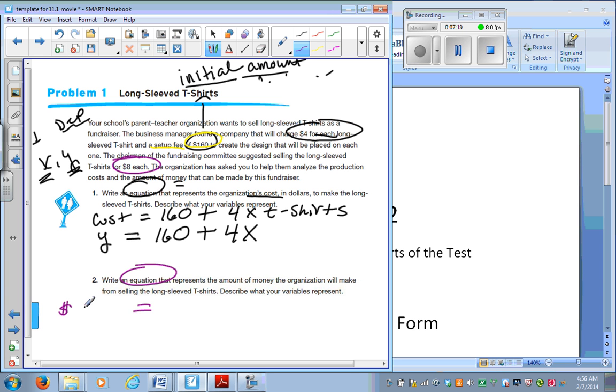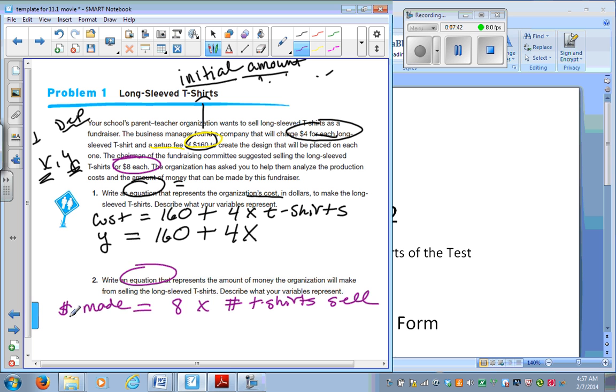So I'm just going to call this money made. The amount of money that I'm going to make is $8 times the number of t-shirts that we sell.